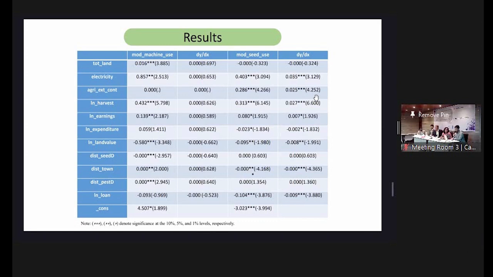Next is agricultural extension contact, whether the household has contacted agricultural extension officers or vice versa. We have found a 100% success rate in modern machine use and a significant relationship in modern seed use. Farmers seek advice from the extension officers.